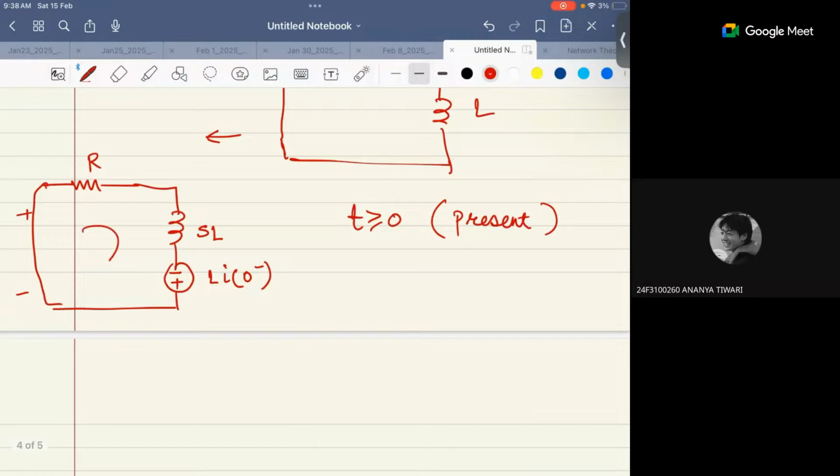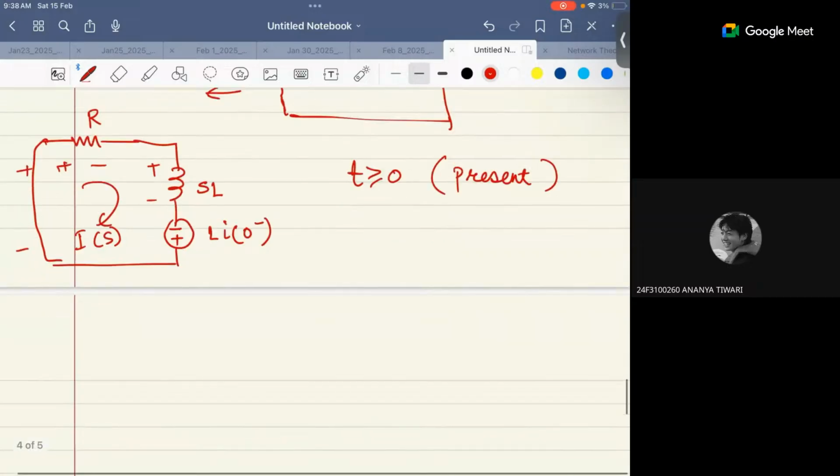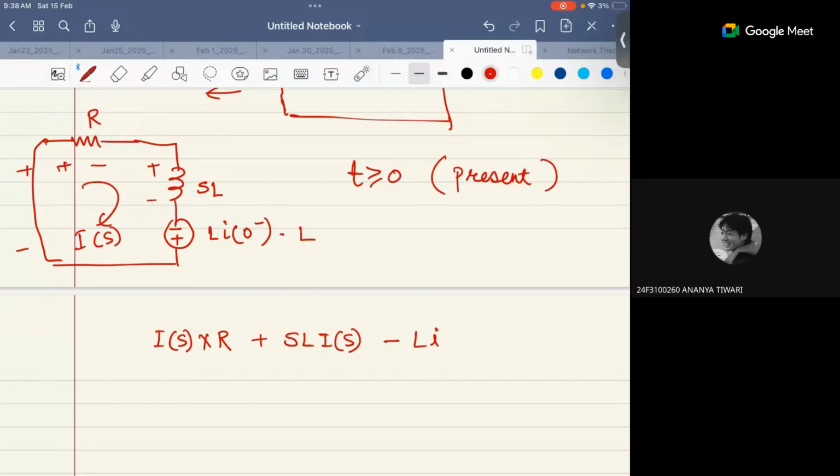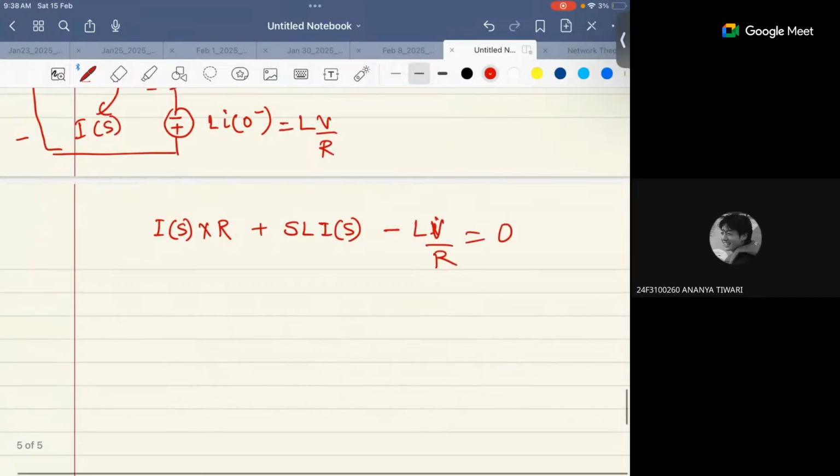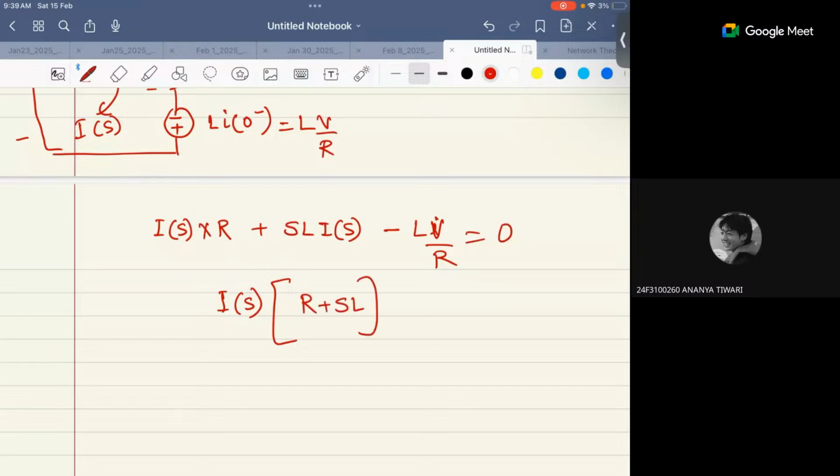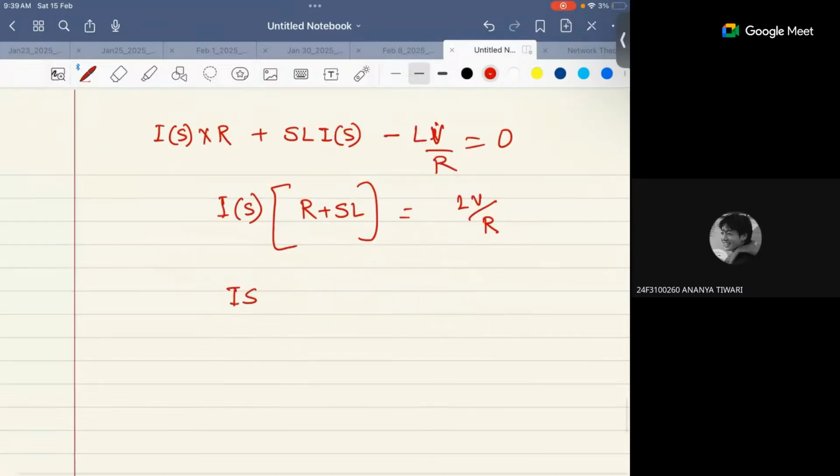Let's say this is I of s. Then you can write it as L I of 0 minus, minus sL times I of s, upon R plus sL. L I of 0 minus was L V by R. So the equation will be I of s times (R plus sL) equals L V by R, so I of s will be L V by R upon R plus sL.